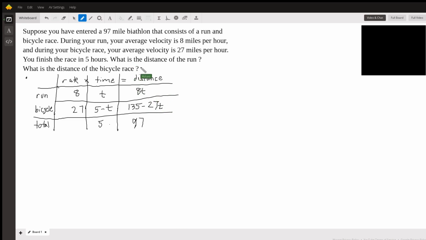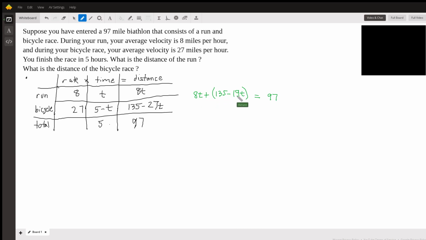So I'm just going to change colors here. We know that the distance that we ran plus the distance that we bicycled has to equal 97. And we can just solve this.